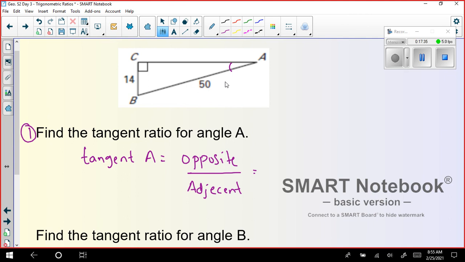This is the hypotenuse. So we should have CB over CA. We have the value of CB, but we don't have CA.